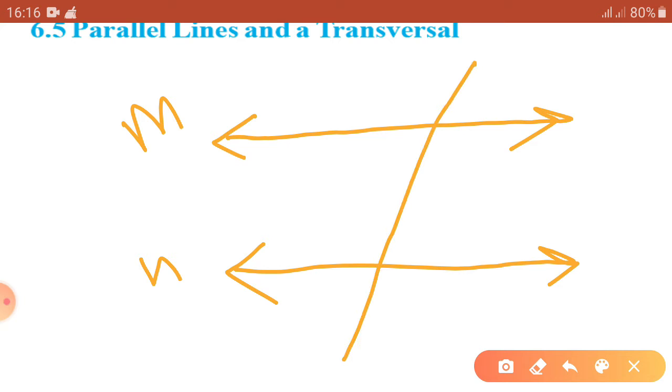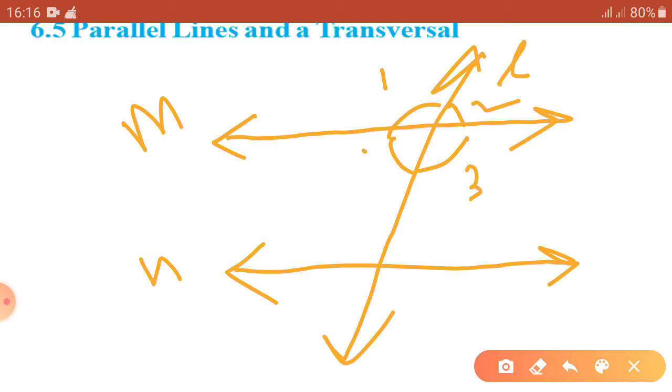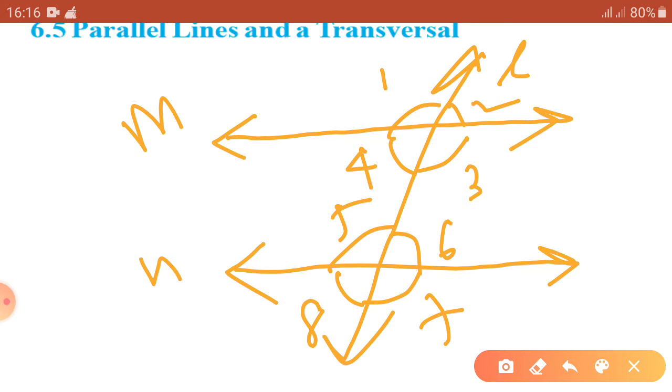If I take line L, it cuts at point P forming angle 1, angle 2, angle 3 and angle 4, and at point Q forming angle 5, angle 6, angle 7, angle 8.